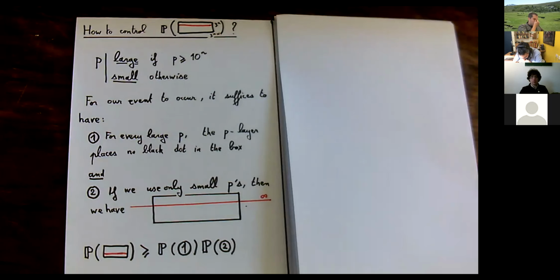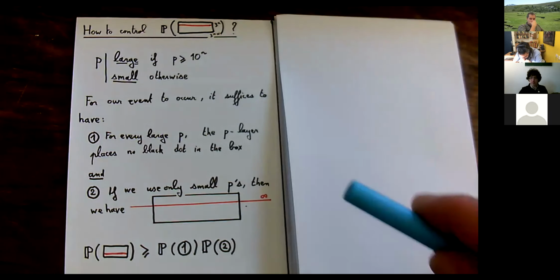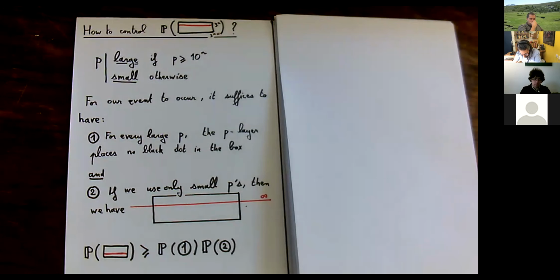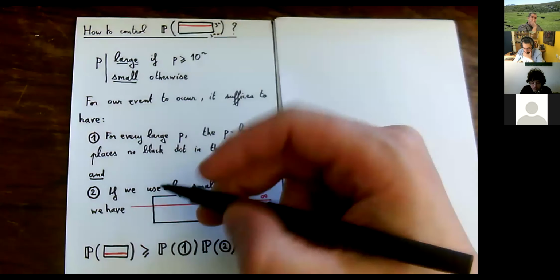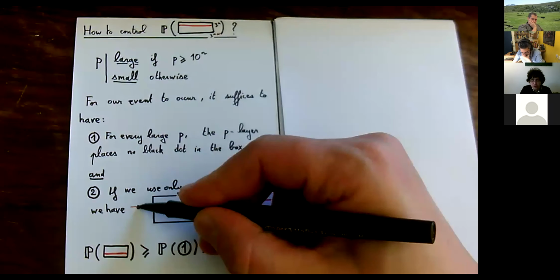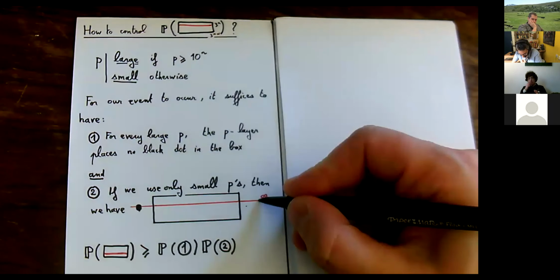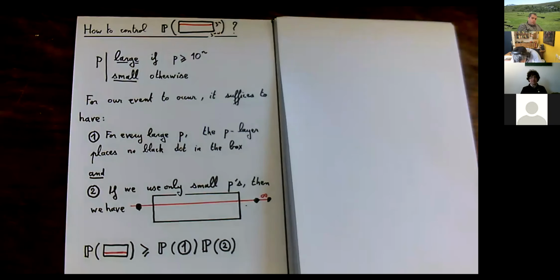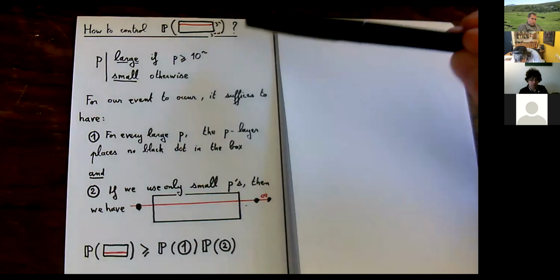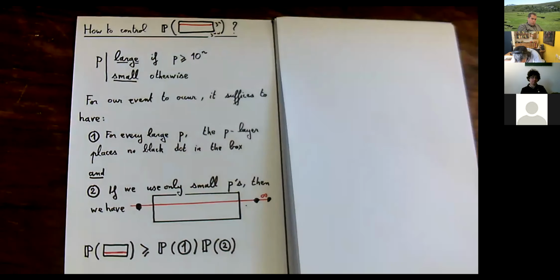So when we have 1 and 2, we have this picture. Maybe, so actually it will be the case that large P's will sometimes block this line outside the rectangle. But in all cases, if we have 1 and 2, we indeed have the event which is drawn on the first line of this slide.